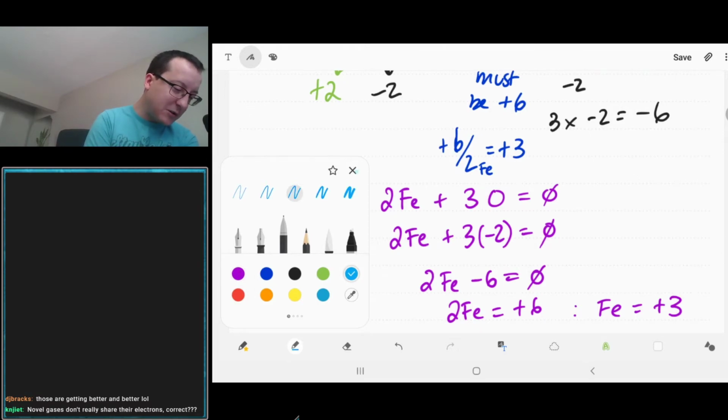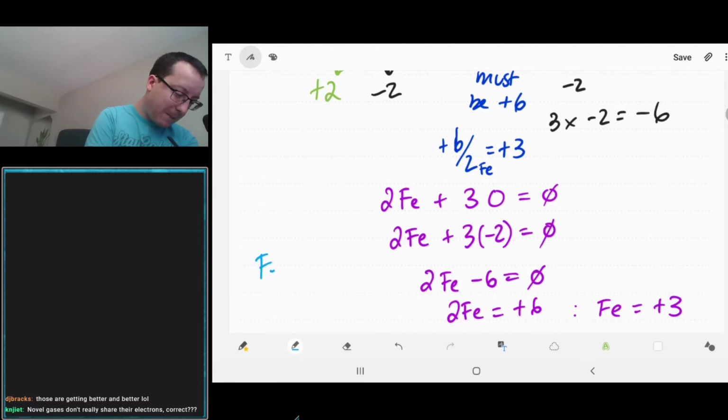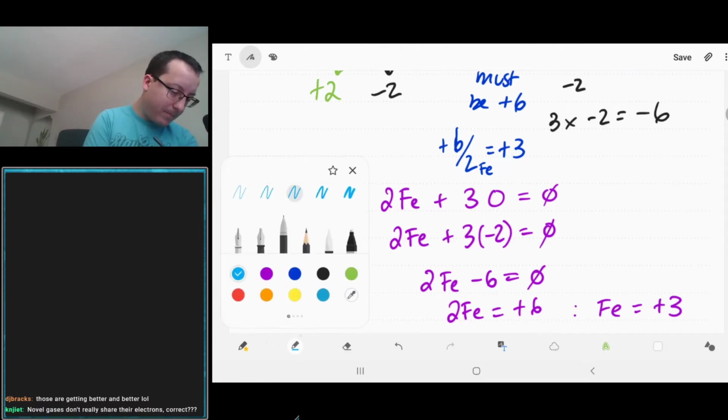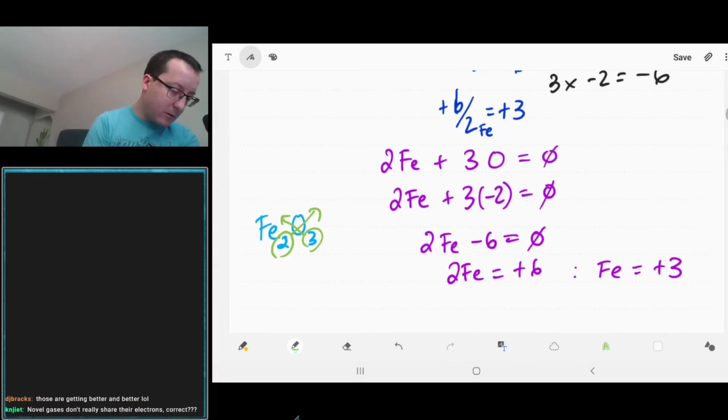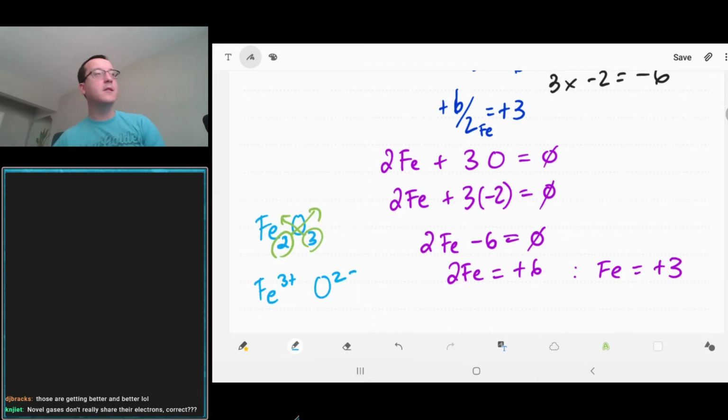We have, of course, a shortcut. Just like before, we were able to crisscross things. We'll use green this time. We can go backwards too, and so we can see that we end up with these guys.